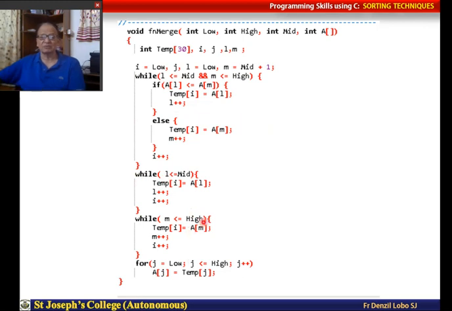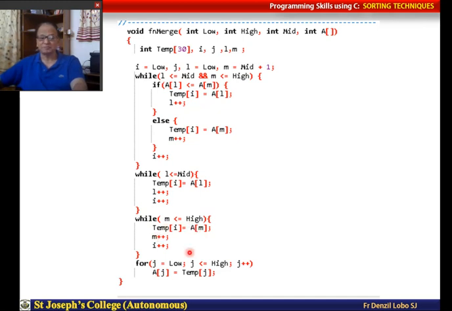In the example we saw, this was over because L had become more than mid. There were no numbers in that list. So we saw that M was less than high, so we went on inserting the values in the second half of the list into temporary.